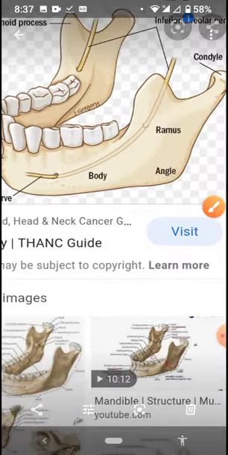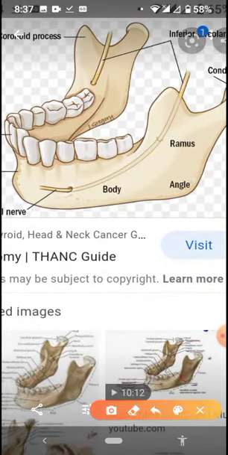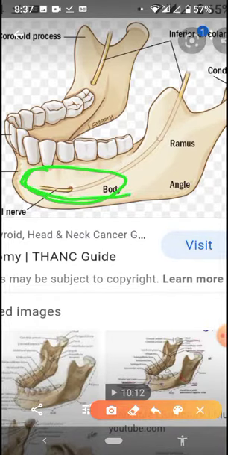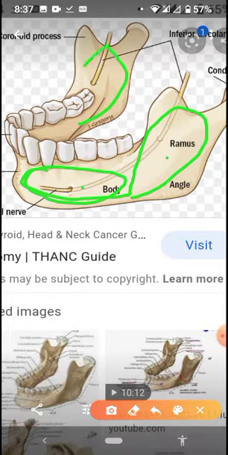The mandible has three parts basically. This is the body of the mandible, and this is the ramus of the mandible. One, two, and this is the other ramus of the mandible. Three. These three are the parts of the mandible: body, ramus, and ramus.